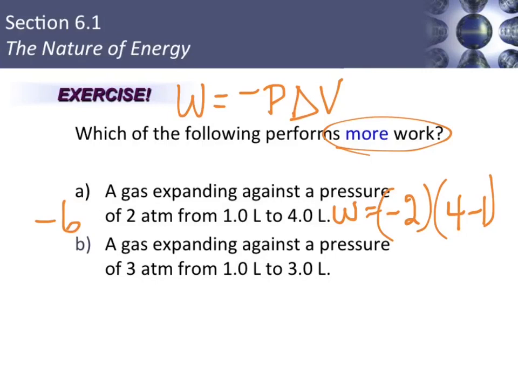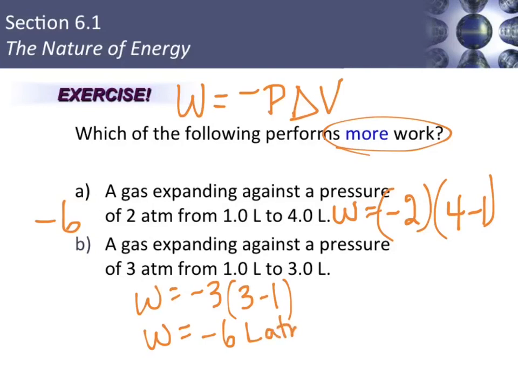Now, a gas expanding against a pressure of 3 atmospheres. So now work is equal to negative 3 times 3 minus 1. So work this time is negative 6 L atm.